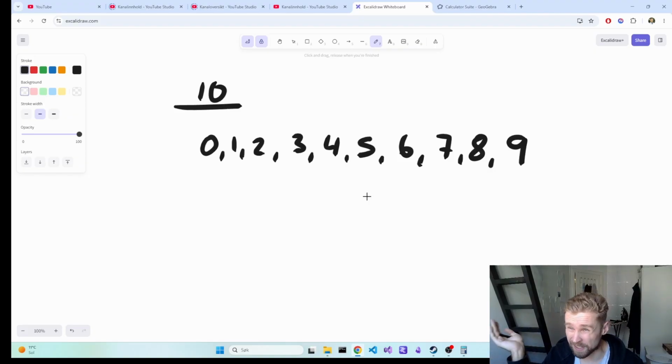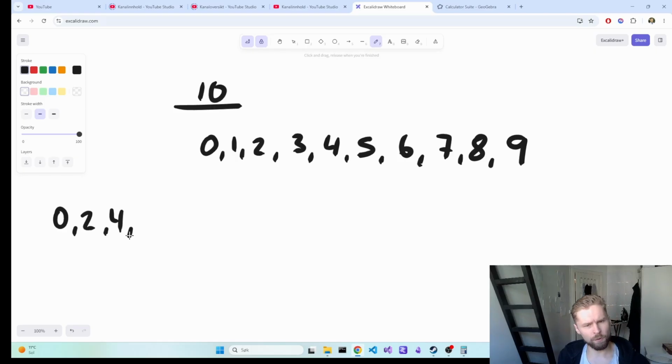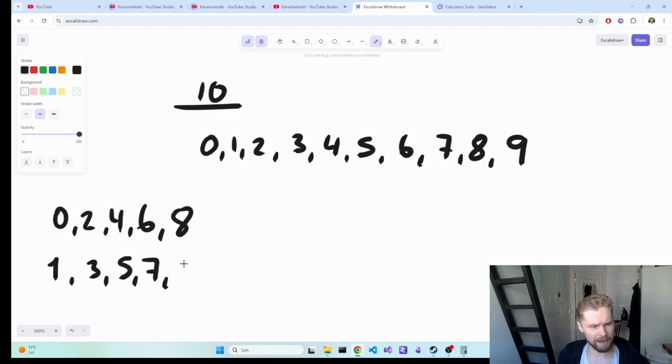So then 0 is an even number? You know what? That's what we're going with. Alright, so how many even numbers we got? We got 0, 2, 4, 6, 8. Then the odd ones are 1, 3, 5, 7, 9. 1, 2, 3, 4, 5. 1, 2, 3, 4, 5. All good. 10 digits. Yeah.